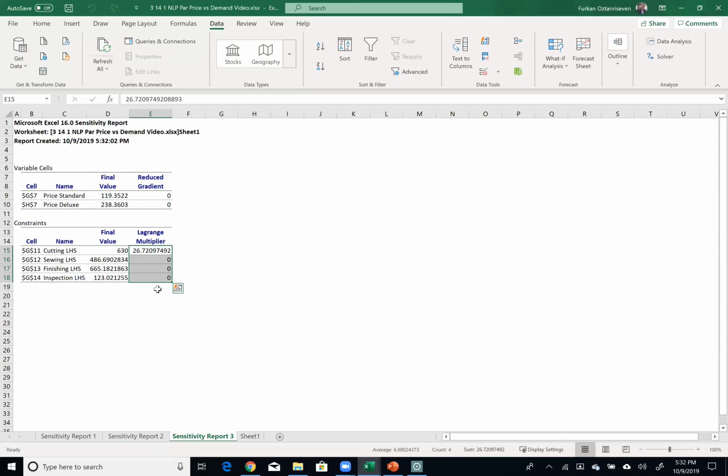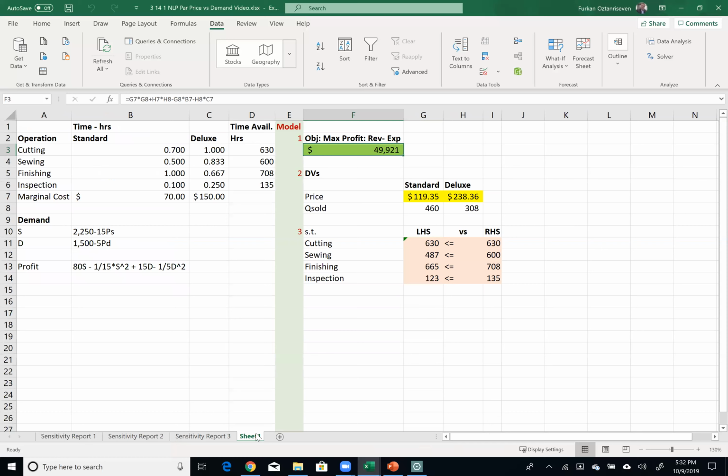So if I go in that direction, that's how you improve the objective. Why? Because the cutting department is the only one with a binding constraint, because I had 630 hours available and I'm using all of it. That's why I have a Lagrangian multiplier. If I want to improve this model any better, I need to work on cutting department hours.